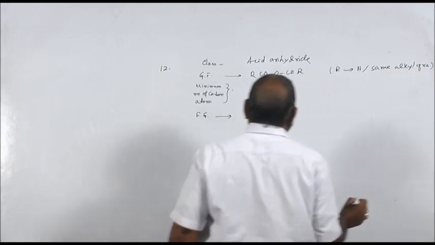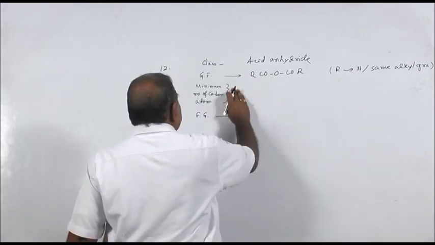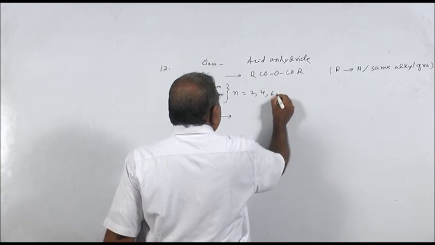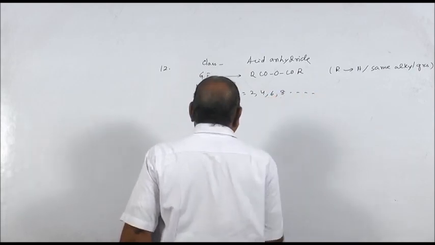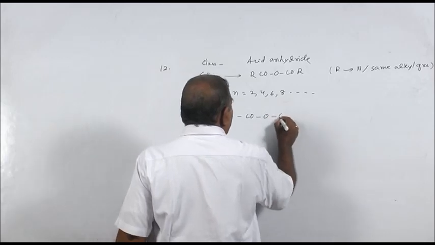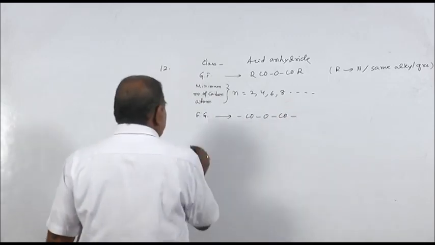The two alkyl groups are the same. Here the n value will be an even number: 2, 4, 6, 8 and so on. The functional group is COOCO.